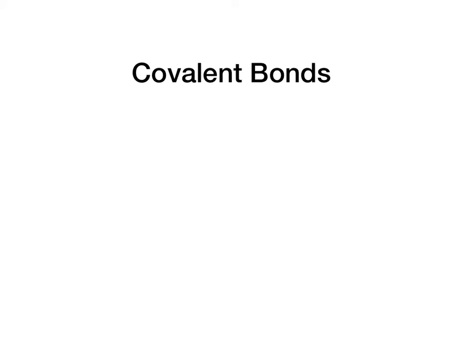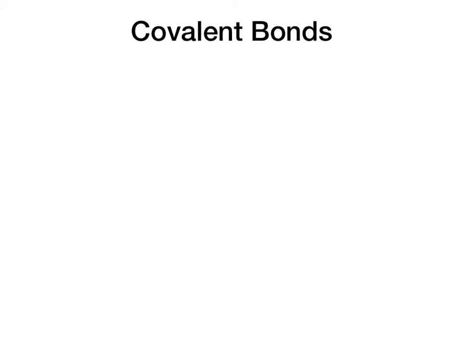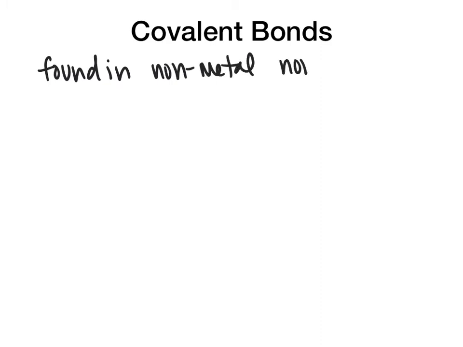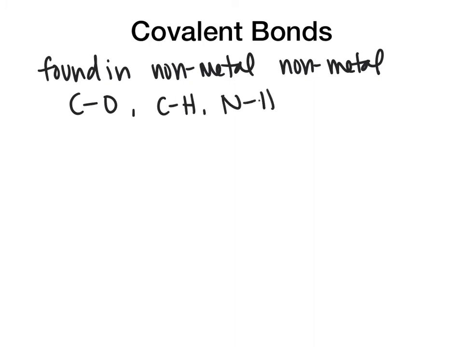So a covalent bond is found in a nonmetal compound. So we have carbon oxygen, you could have carbon hydrogen, nitrogen.